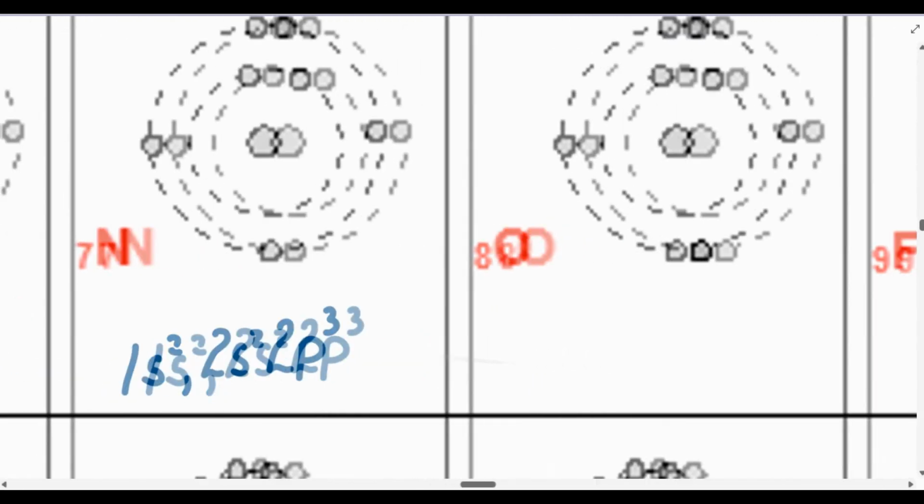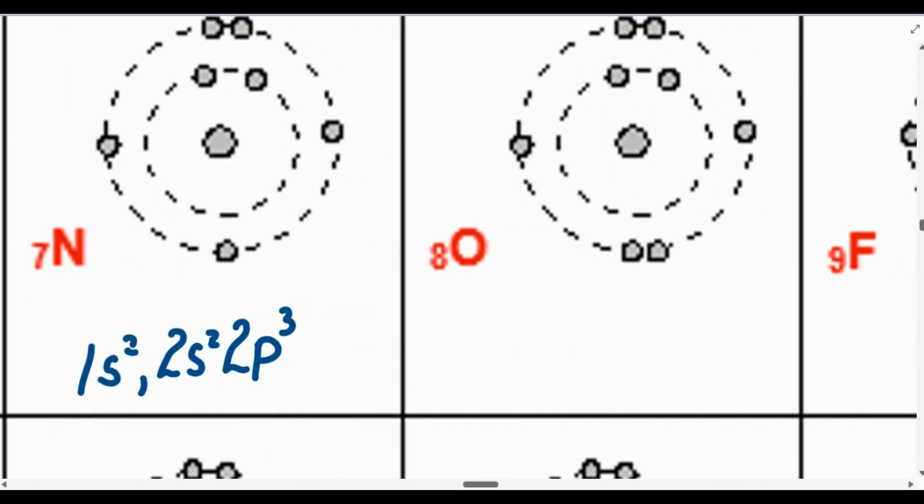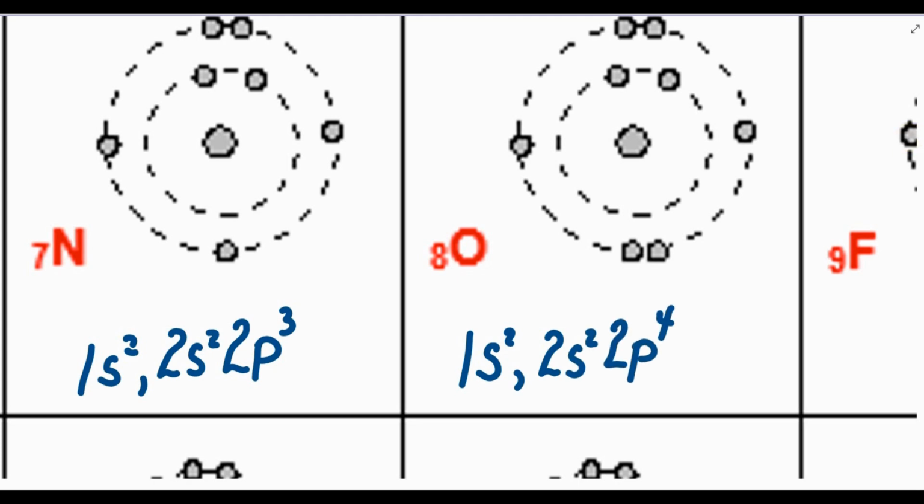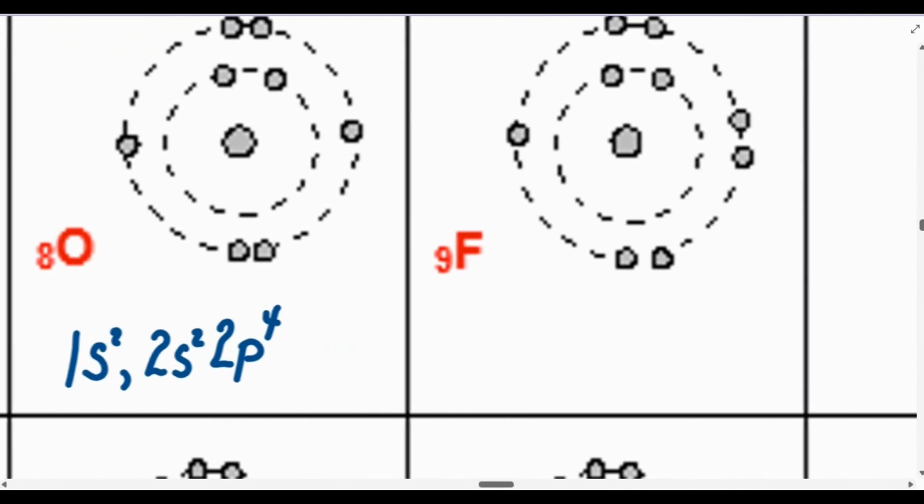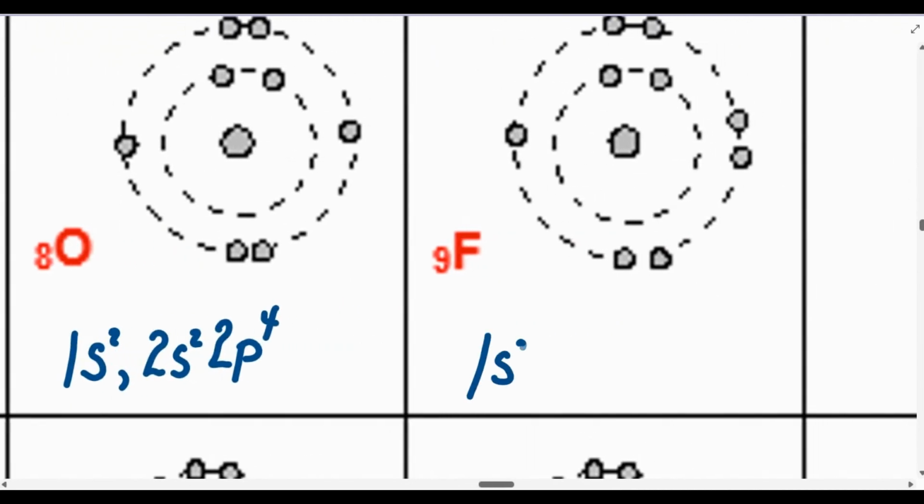You got the idea? Let's write the electron configuration for oxygen. You'd say 1s2, there's 6 in total in the valence shell, 2s2, 2p4. For fluorine, we would write 1s2, 2s2, 2p5.